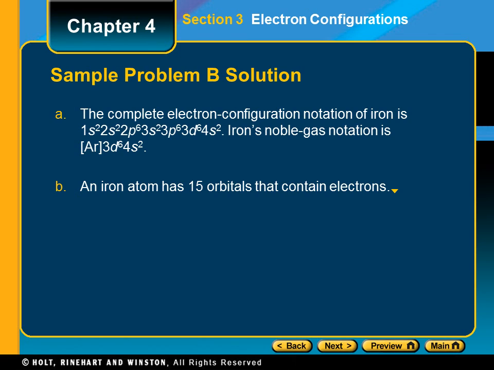S would be 6. P is 3 again. So that's 9. D is 5. So that's 14. S would be 1 again. So that's 15. Remember, S always has 1 orbital. P always has 3 orbitals. D always has 5 orbitals.